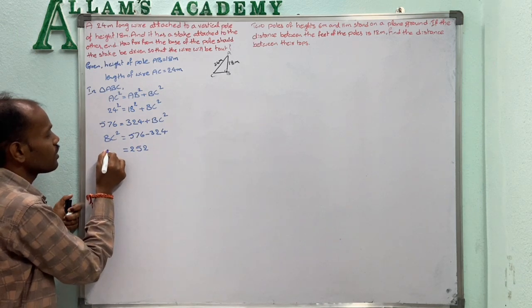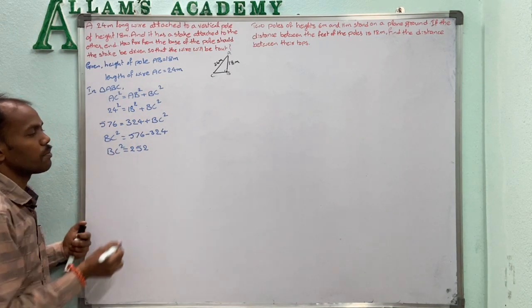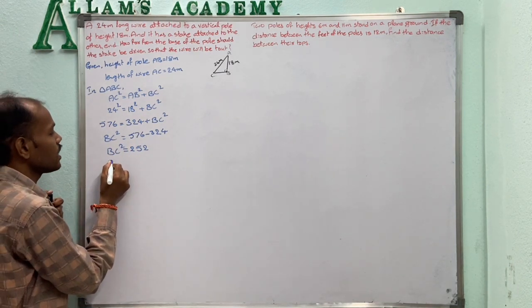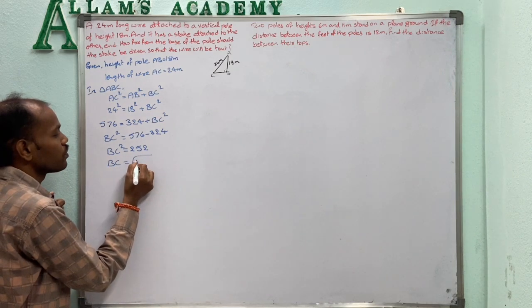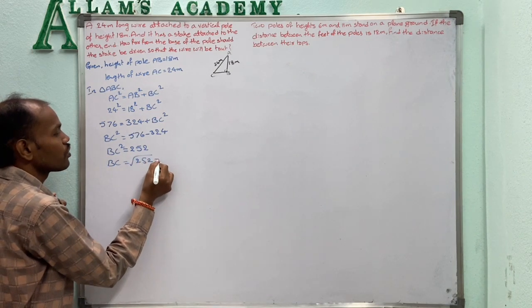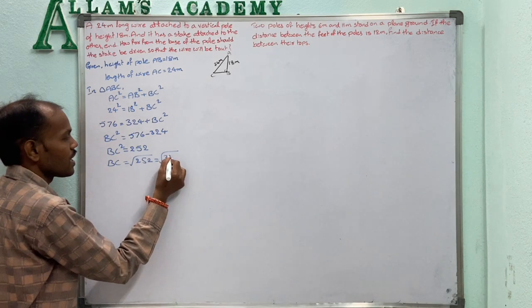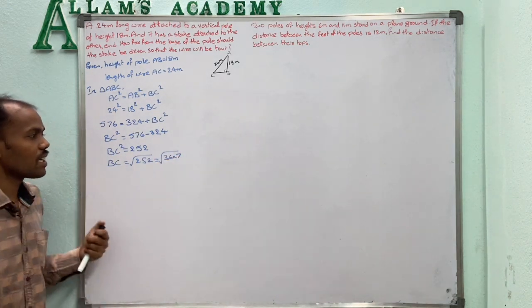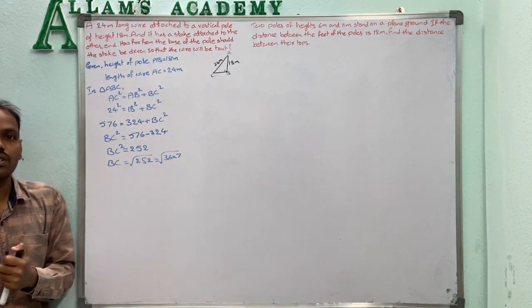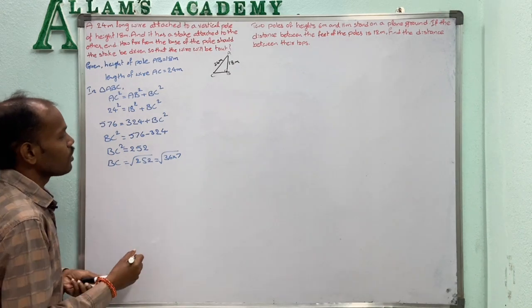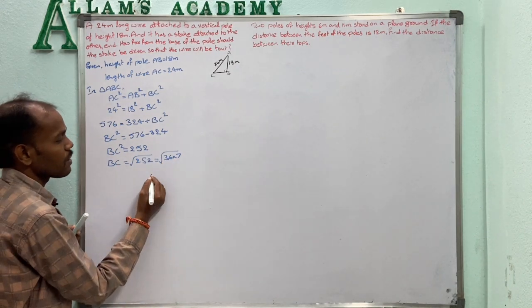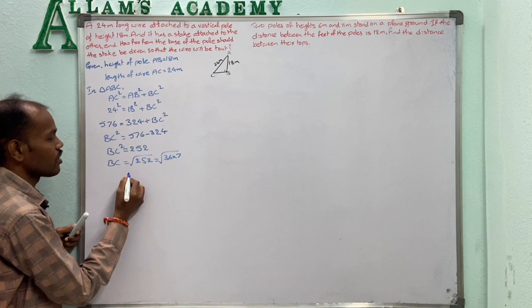So 252 is equal to BC square. Now BC equals root 252. Root 252 can be expressed as root 36 into 7, so root 36 into root 7.